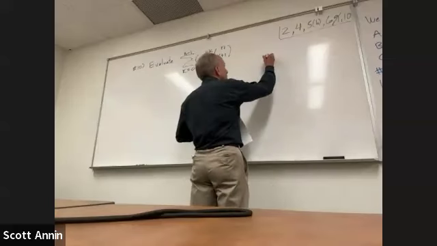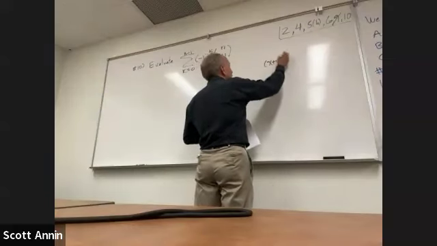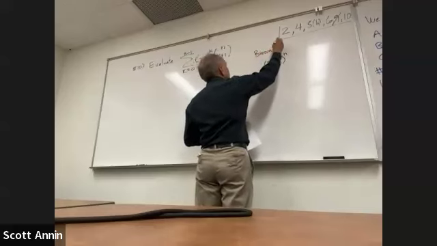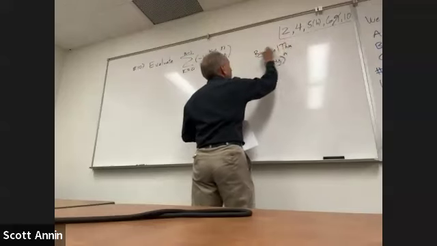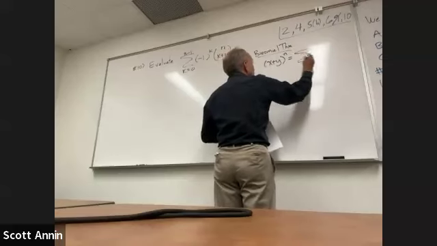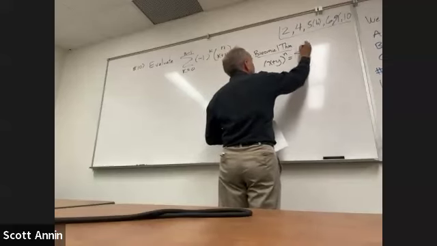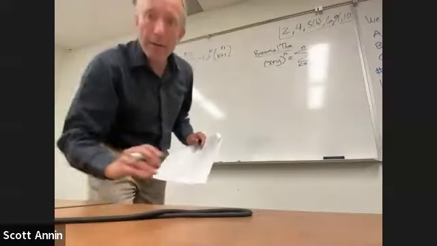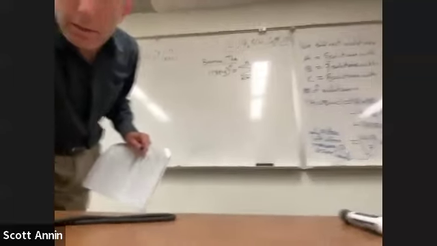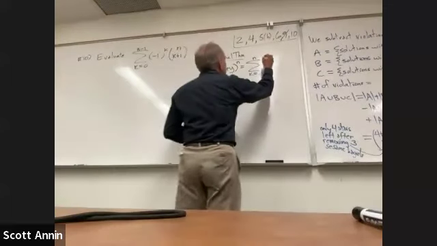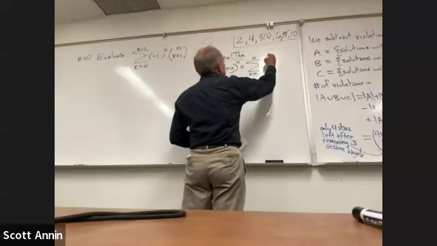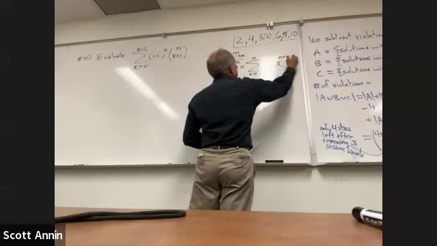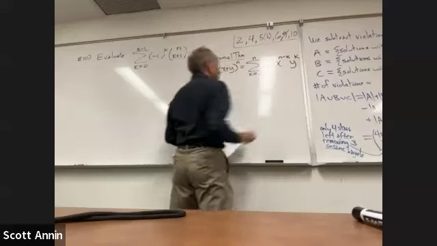Let's see, the binomial theorem tells us that (x plus y)^n is also a summation where k goes from 0 to n of n choose k times x^(n minus k) times y^k.